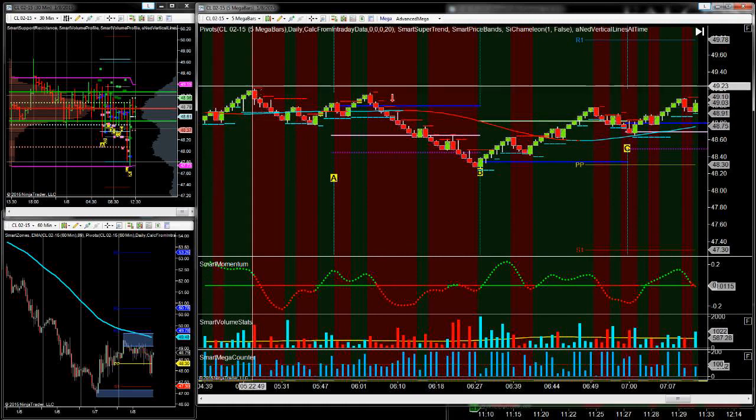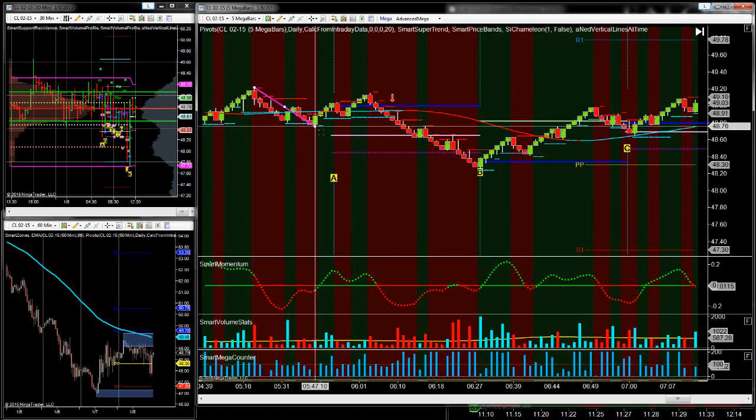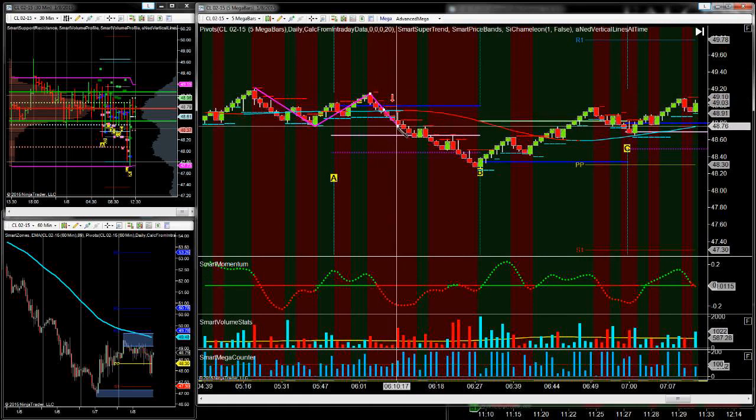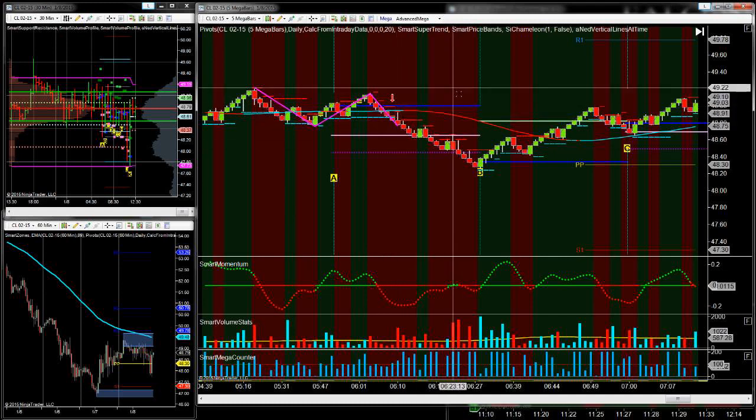But the reason for that is because at this point, I have cycling that's going like this, and I come down and I take out that low by a couple of ticks, and then I get the E2 pattern. And so I'm looking for a continuation right there.